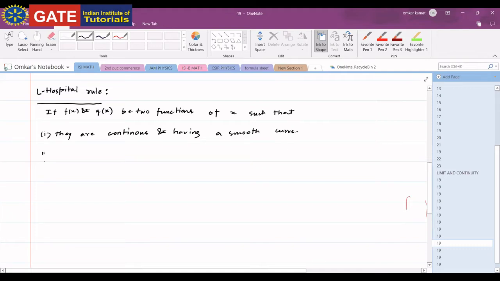Second point, they are derivable infinite times due to its nature.